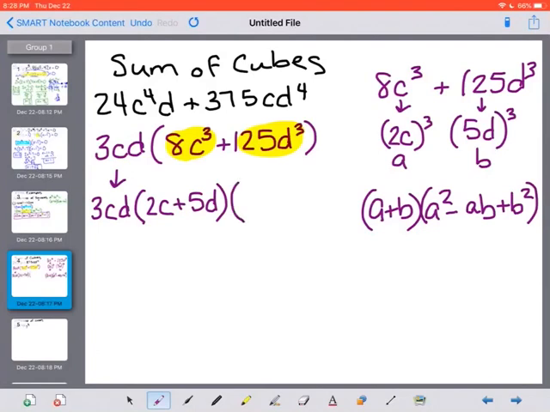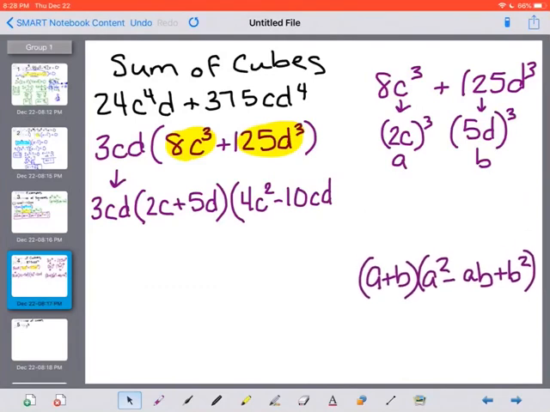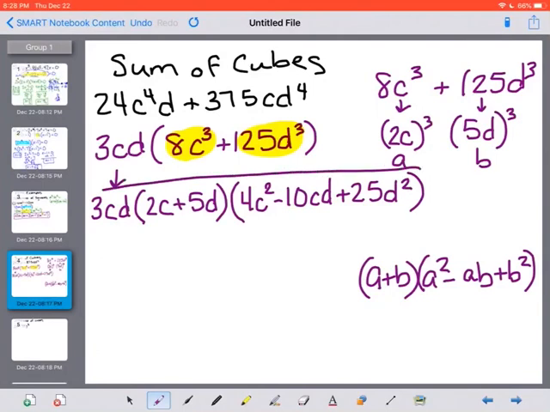A squared, so 2c squared would be 4c squared. Now, a times b. So 2 times 5 is 10. And c times d is just cd. And then I have b squared. So 5d squared would be 25d squared. And that is going to be my final answer.